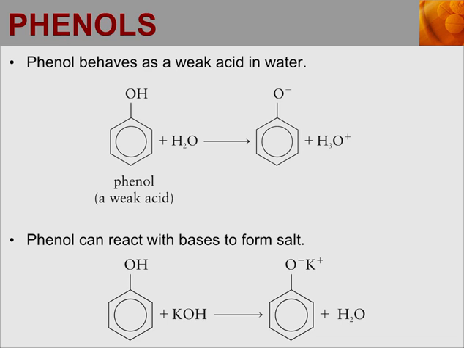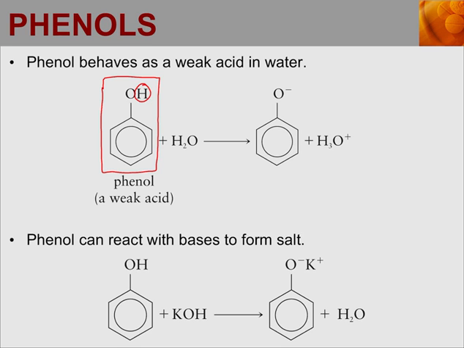So let's talk about some phenols. So first we'll just start with phenol. So remember, phenol is a benzene ring with a hydroxy group attached, or an OH group. And this is a weak acid, so it can lose its hydrogen to water, for instance.